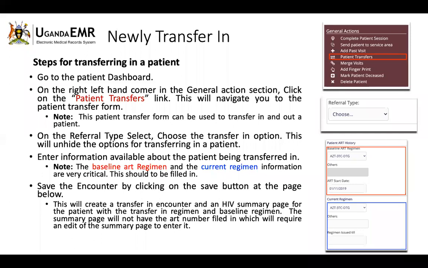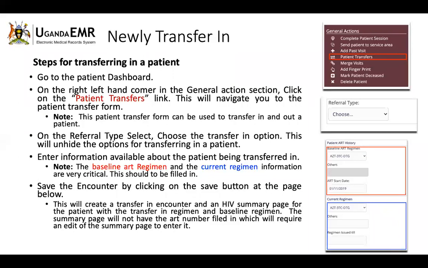Sometimes you'll find that the current regimen is different from the baseline regimen, the regimen which a patient ever started ART with. So you also factor that in. When you fill in the rest of the information like CD4, viral load, and all that, you will continue to saving the patient encounter.